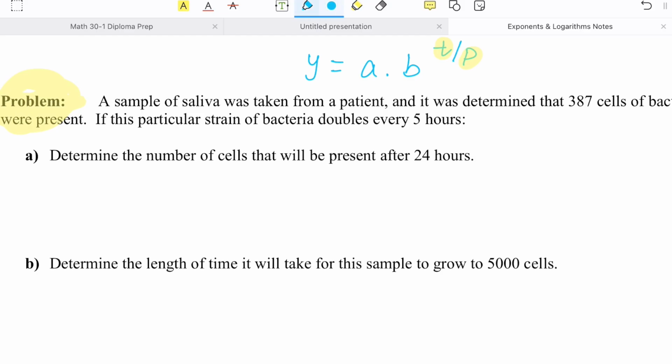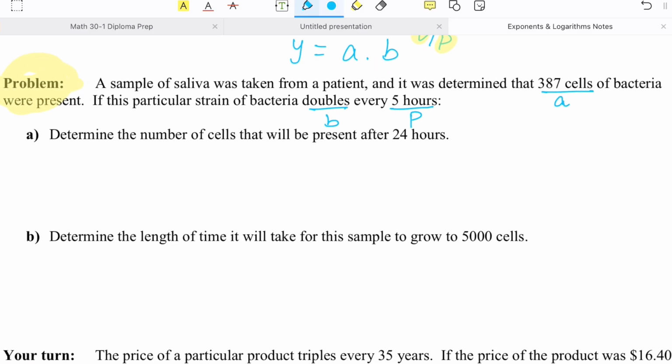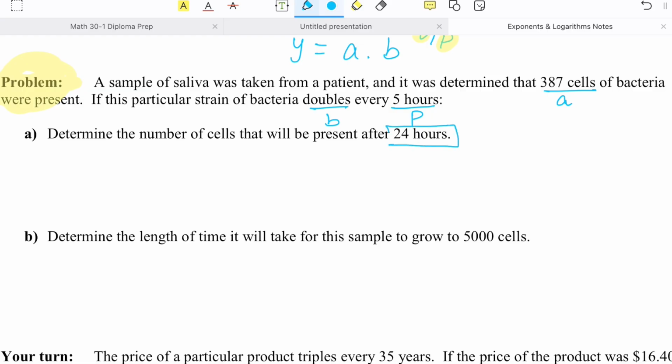So in this case, this is our A, this is our period, and this is our B because it's doubling, right? So after 24 hours, that means our time is given to us. So we're going to do y is equal to 387 times 2, and that's doubling, to the power of t over 5. So that's an equation.